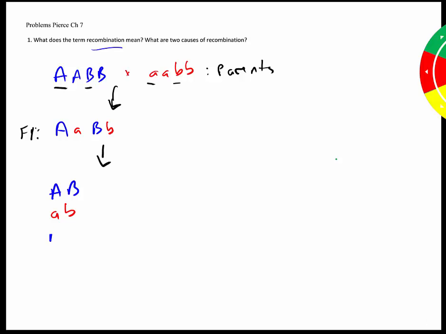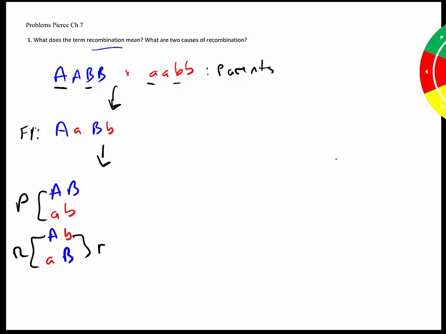But we can also get big A going with little b, and we can get little a going with big B. And so these are the parentals, and these we call recombinants.